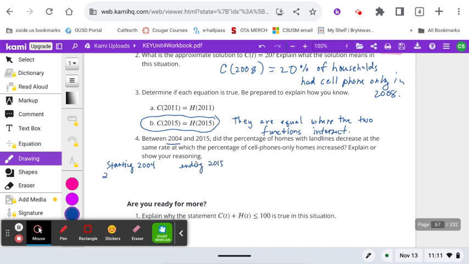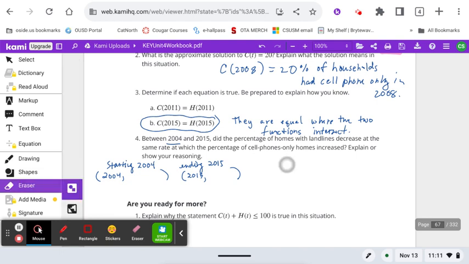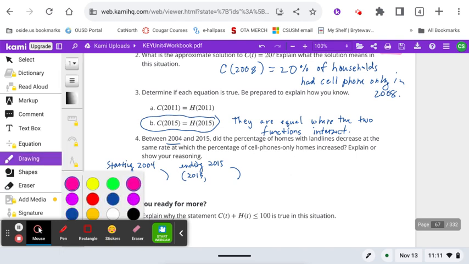So we want 2004, comma something, and 2015, comma something. And then we want the starting in 2004, and we want the ending in 2015. So we can calculate those average rates of change and see which one is greater.